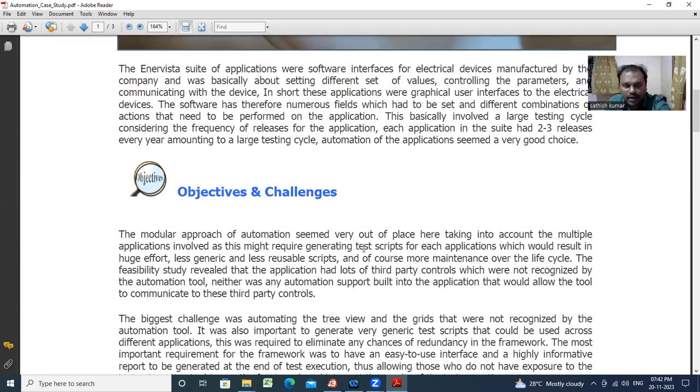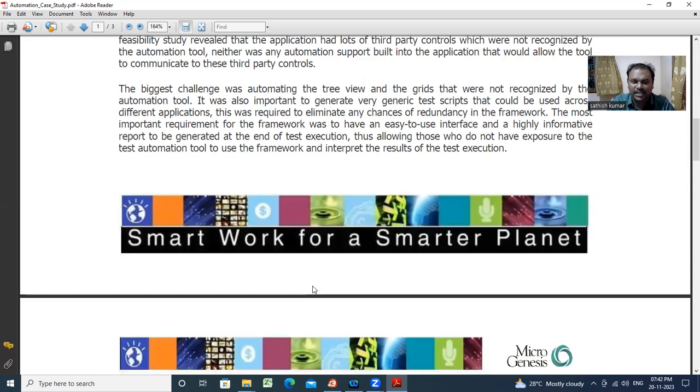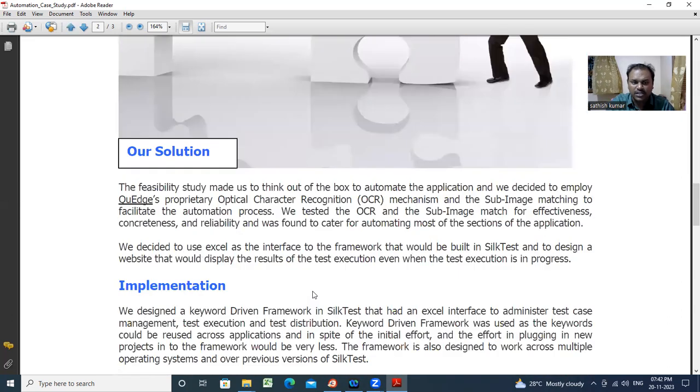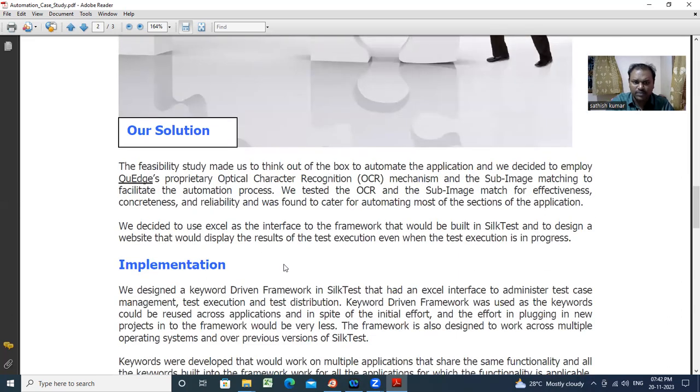So here, I should face the biggest challenge. See this, our solution. We are going to automate the application, and we decided to employ our Q edges property or optical character recognition mechanism and sub-image matching to facilitate the automation process.